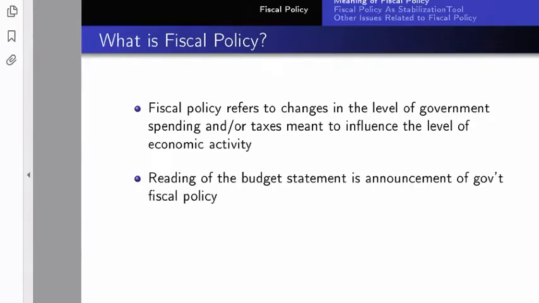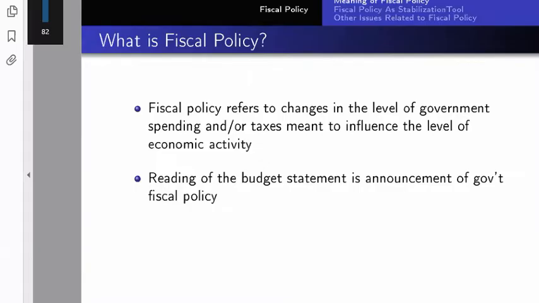So basically, that is what we see when the Minister of Finance is reading the budget statement. All he does is talk about how government is going to spend the money for the incoming fiscal year. So he presents on what has happened previously and then forecasts how government is going to spend its money in the incoming fiscal year, and also how they are going to generate taxes.